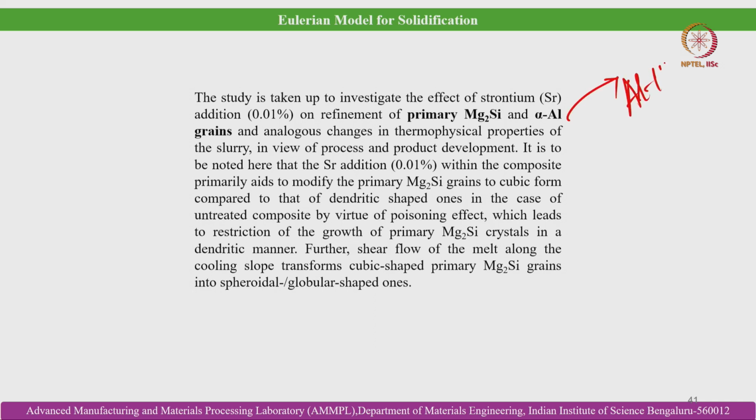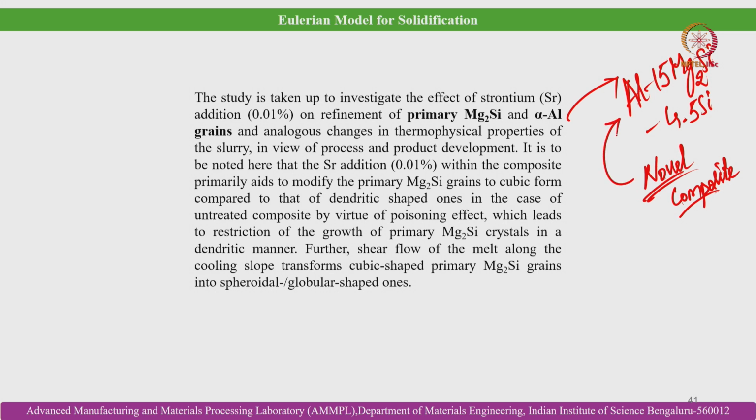Basically it is aluminum 15 Mg2Si 4.5 Si. That is a novel composite that we have developed, and we have also got patents awarded for the composite. The goal was to study the solidification transport phenomena for this composite during semi-solid slurry generation.